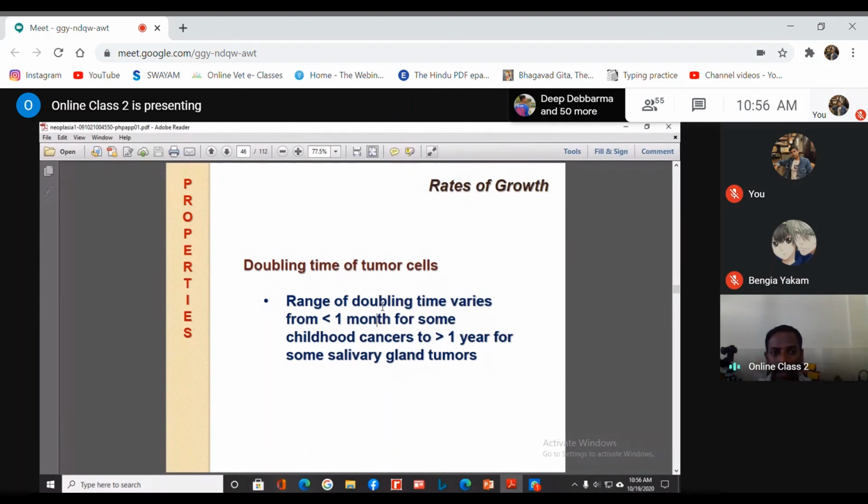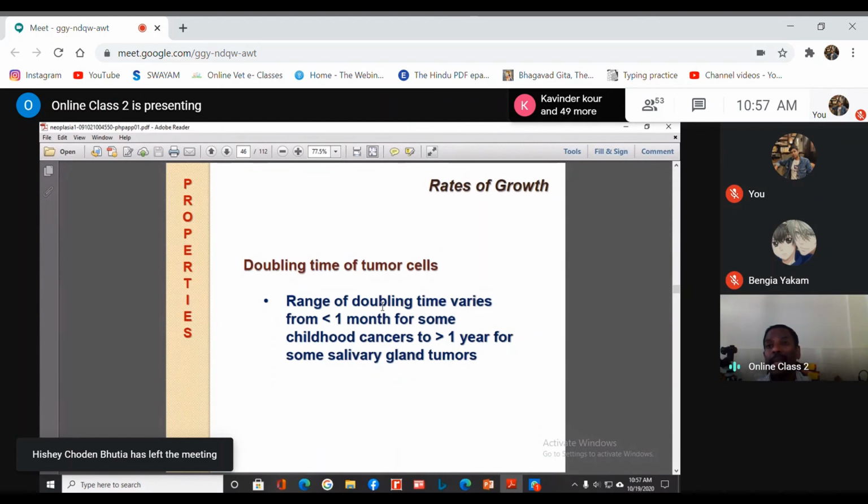This doubling time normally remains the same, whether it is a normal cell, a benign tumor cell, or a malignant tumor cell. The time required for 1 cell to become 2 cells is the same. Then why do you say that malignant tumors are growing faster?